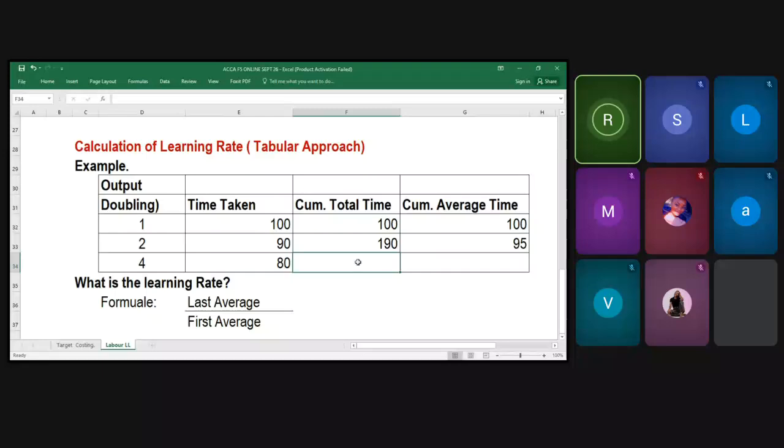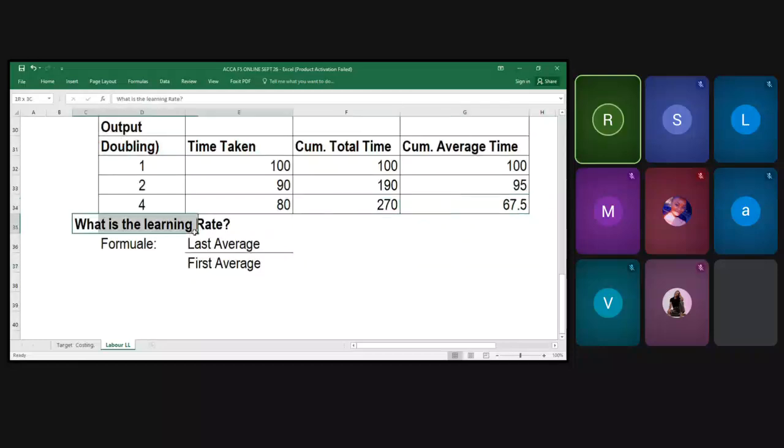Now, total for 4 units is previous total plus time taken currently, 270. Average is 270 divided by number of units, 4, to get 67.5.